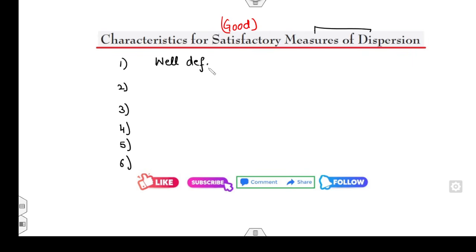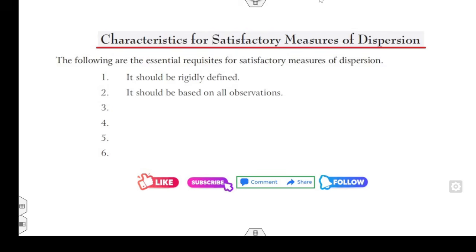What are the major characteristics of a satisfactory, or what is called a good, measure of dispersion? There are six major characteristics which you can keep in mind when you are talking about the measure of dispersion. The first one is it should be well defined. Second, it must be based on all the observations.